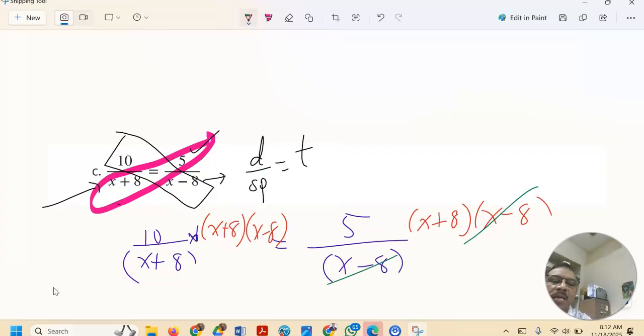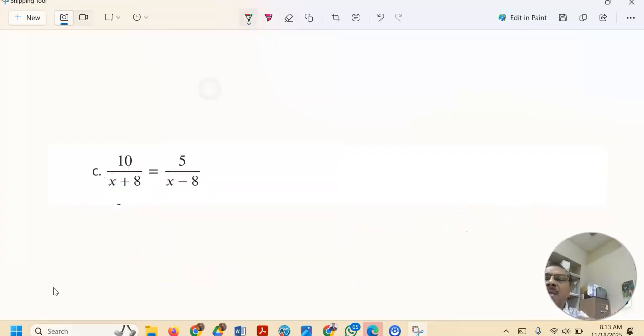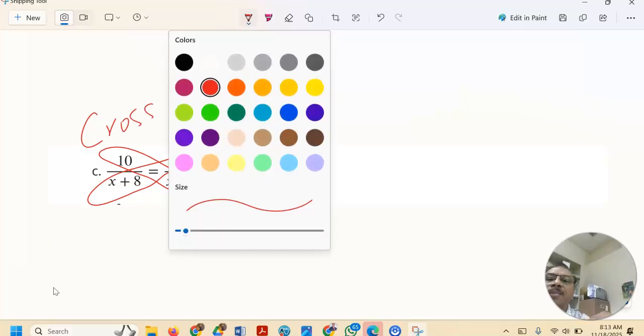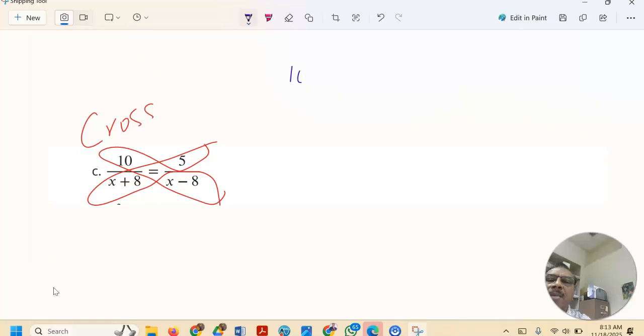Eventually x minus 8 crosses out, x plus 8 crosses out. And instead of doing all this extra work, let me take the whole thing and start fresh. All you do is just multiply this. This is like a shortcut called cross product. Now what is cross product is that 10 multiplies to x minus 8, and the 5 gets multiplied to x plus 8.